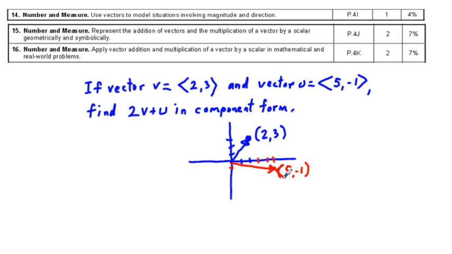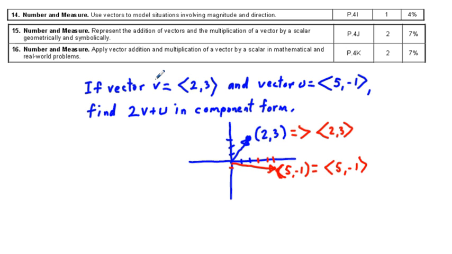I wrote these in point notation form, but in vector notation form, vector v is 2, 3 in angular brackets, and vector u is going to be 5, negative 1.